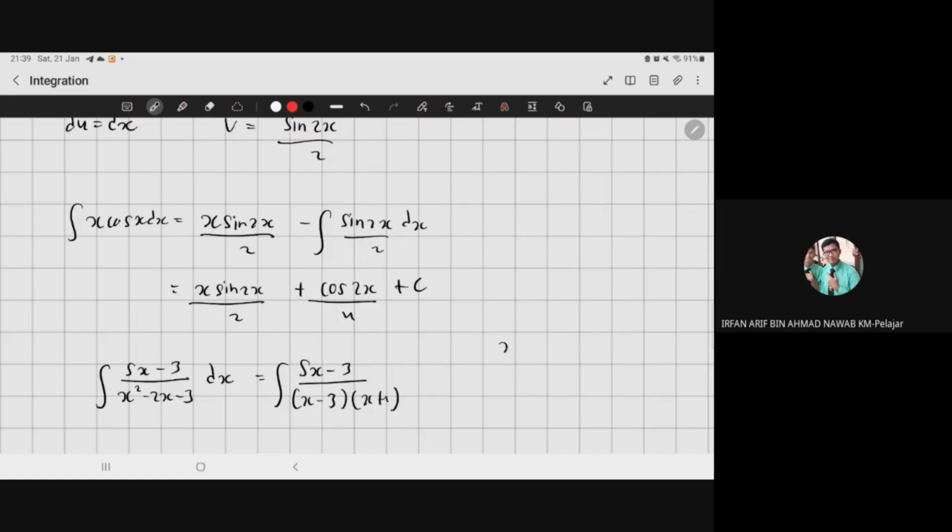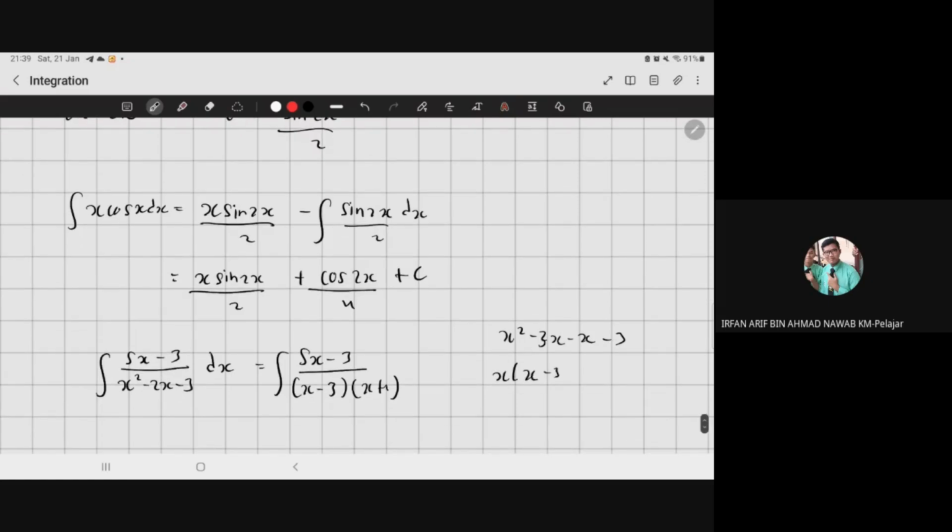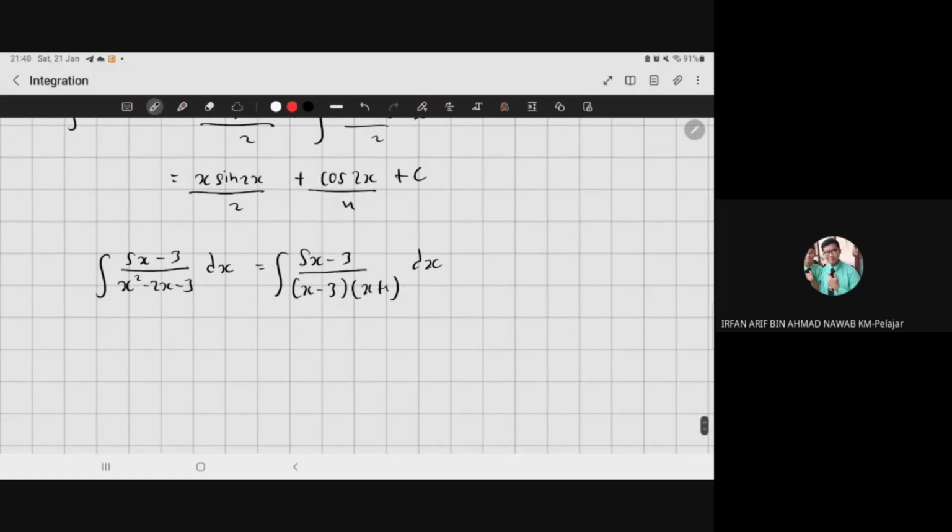Right, wait, let me check. x squared minus 3x plus x minus 3. We factorize, x minus 3, x plus 1. Oh yeah, this is plus. Oh yeah, okay. As you can see here, we can't simplify this particular expression.